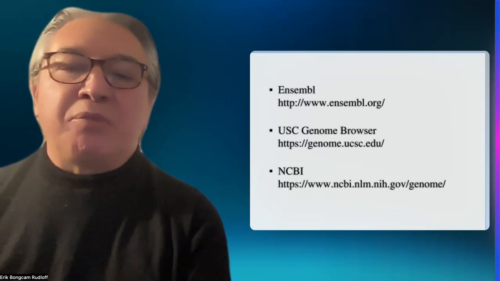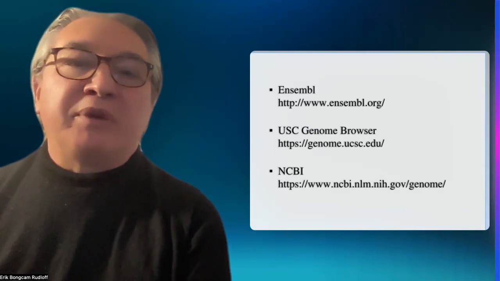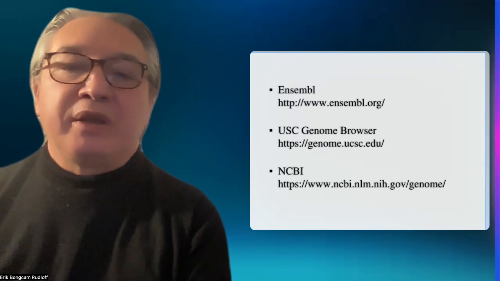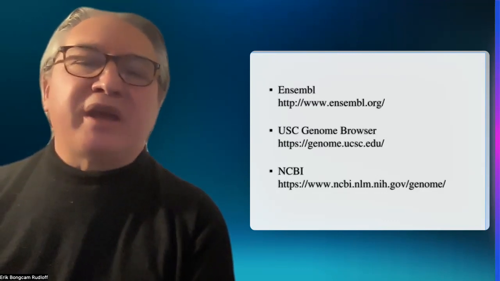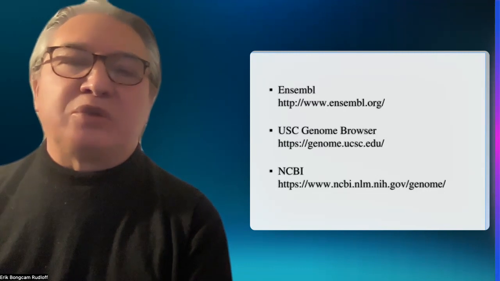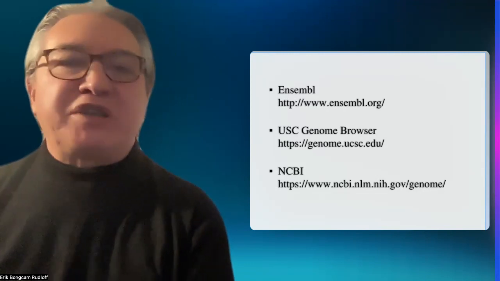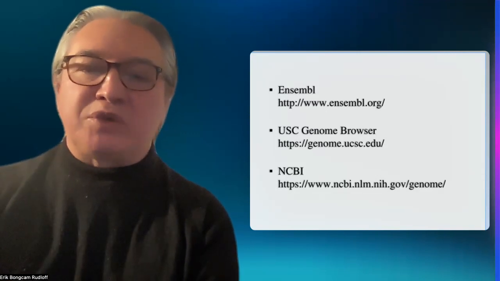The UCSC genome browser is more dedicated to animals, mammalian and human. NCBI is more like Ensembl, but NCBI has excellent tools in everything, but they are not very good when it has to do with genome browsers. You can visit all of them. The addresses are there. You can judge by yourself what you like most.